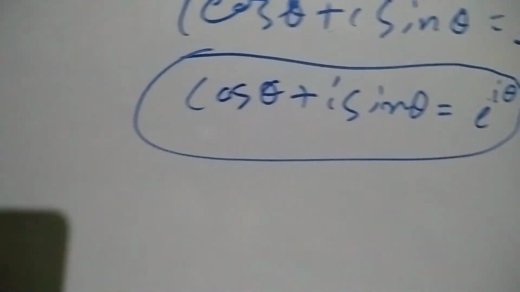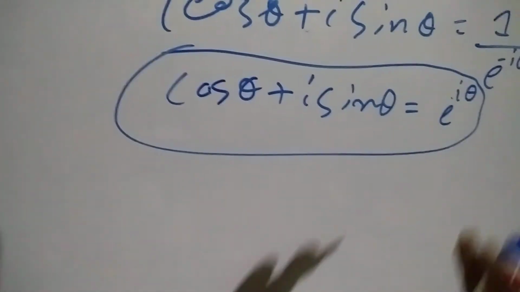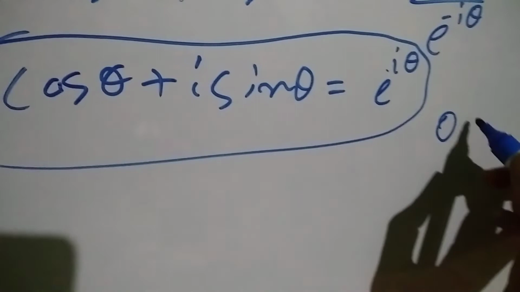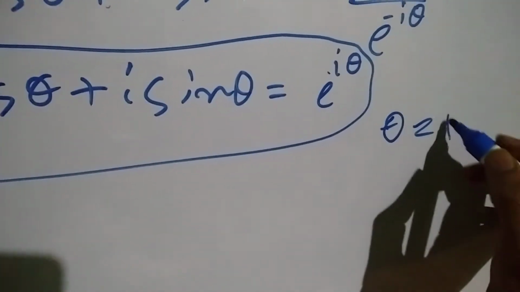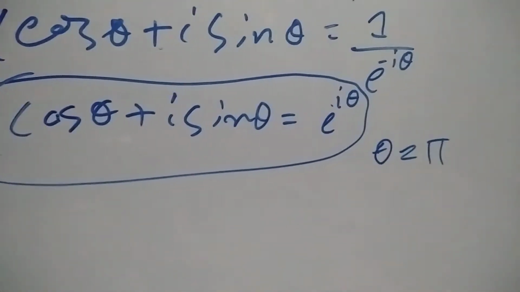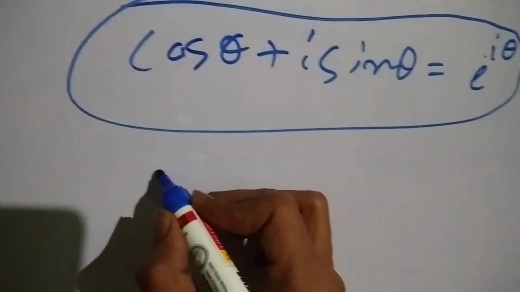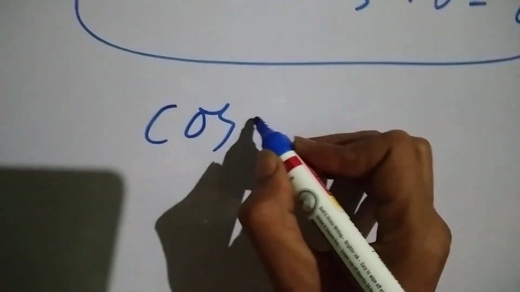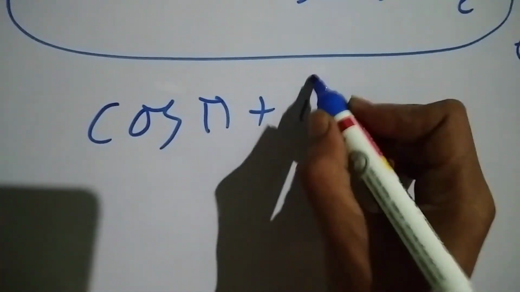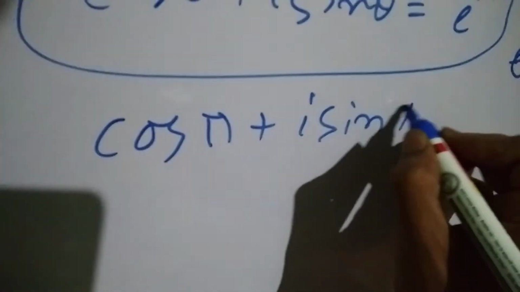Now if we plug pi in place of theta, we get e^(i pi) equals cos pi plus i sin pi.